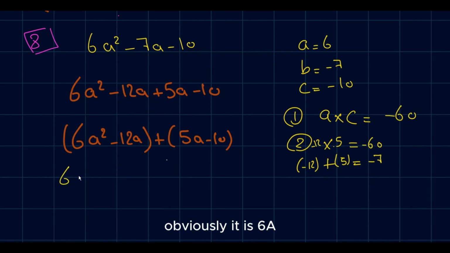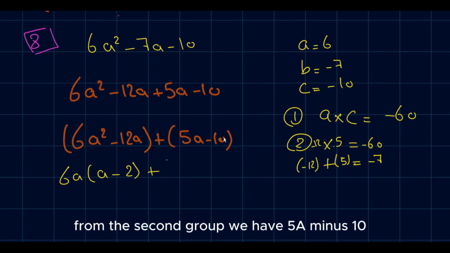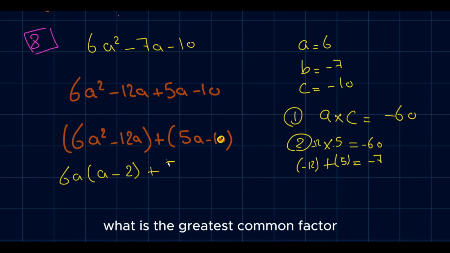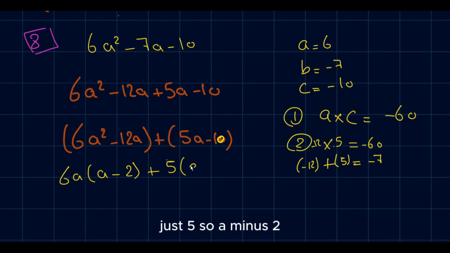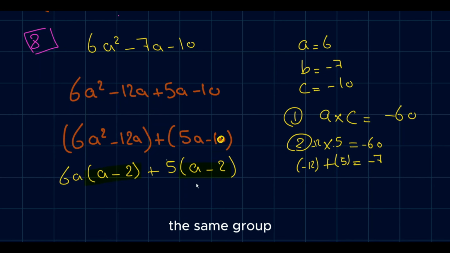Obviously, it is 6a. Okay, so 6a. From here, we're gonna have a minus 2 plus, from the second group, we have 5a minus 10. What is the greatest common factor? Just 5. So a minus 2. And as magic as it is, what do we have over here? The same group.